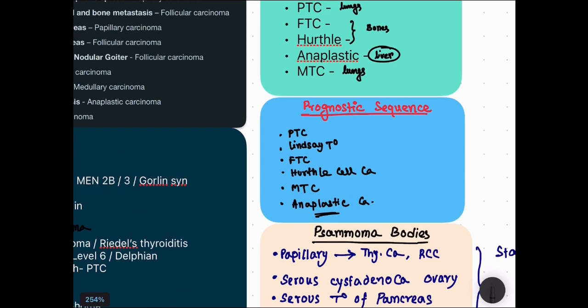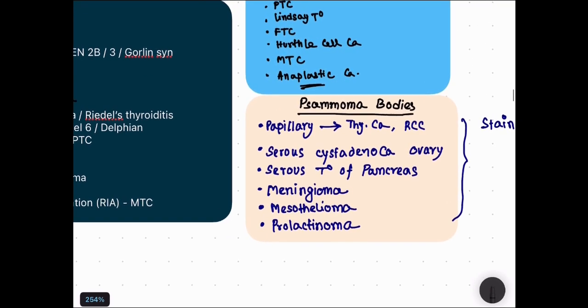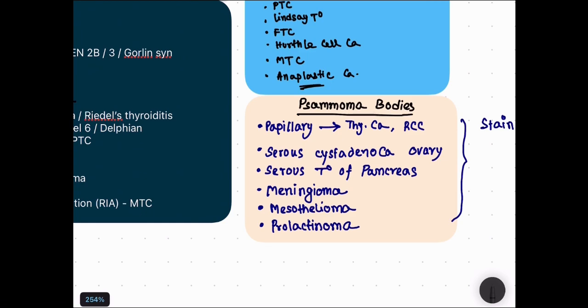Last question is what are the conditions where we will get the Psammoma bodies. So Psammoma body is seen in papillary thyroid cancer as well as papillary variant of renal cell carcinoma, serous cystadenocarcinoma of ovary and serous tumor of pancreas. Also it is seen in meningioma, mesothelioma and prolactinoma.